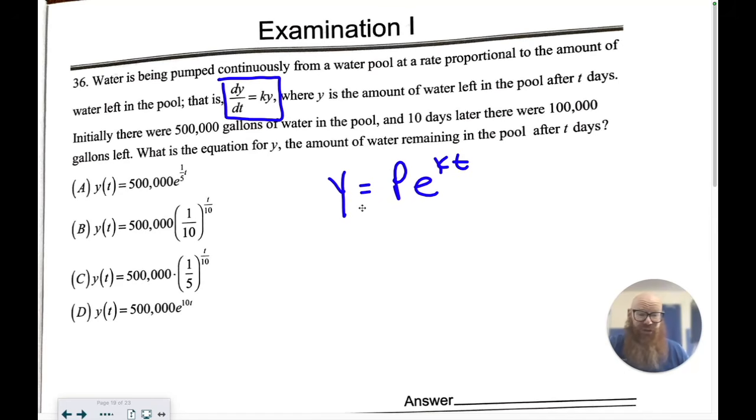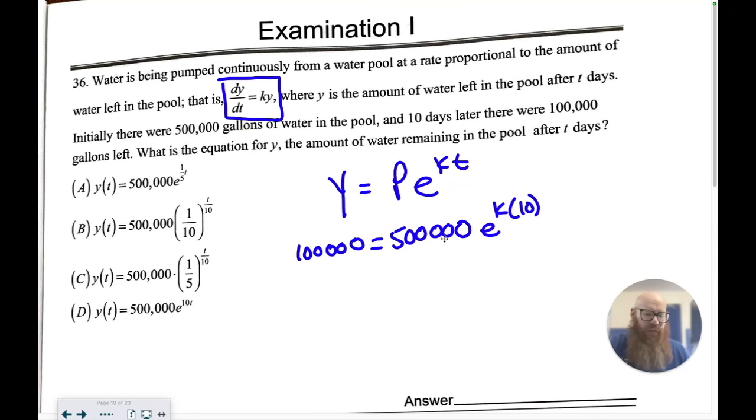There's really no calculus here. Initially there were 500,000, so that's this number, and then 10 days later there were 100,000.